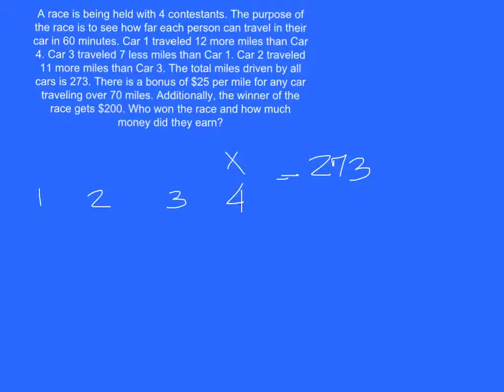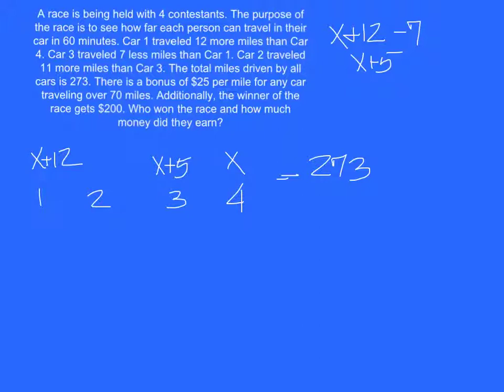X. And what's car 1? X plus 12. Car 3 traveled 7 less miles than car 1. Here's car 1 and 7 less miles. So what should car 3 be? X plus 5 is right.